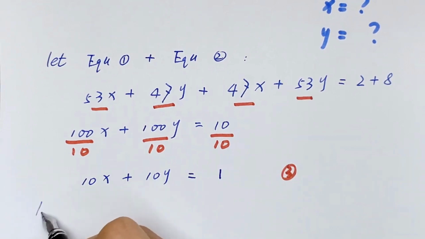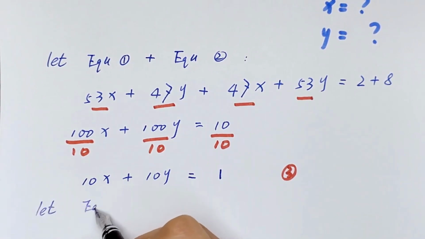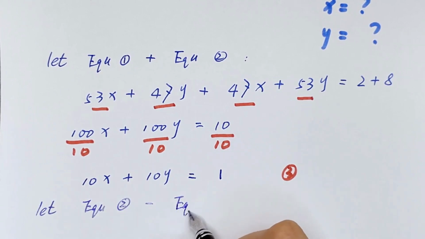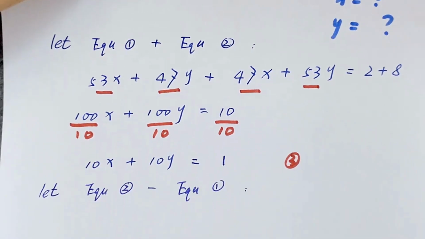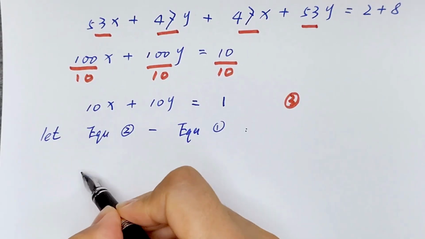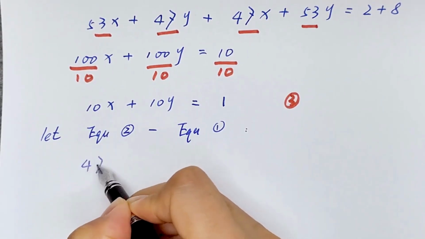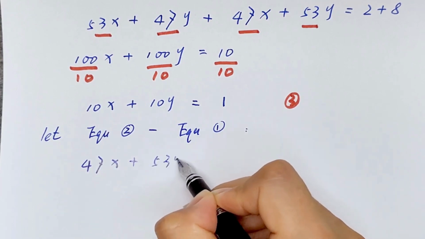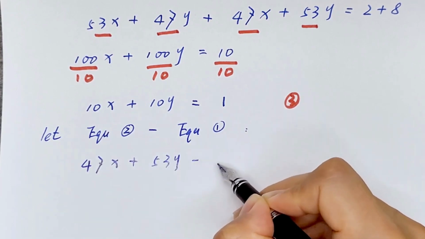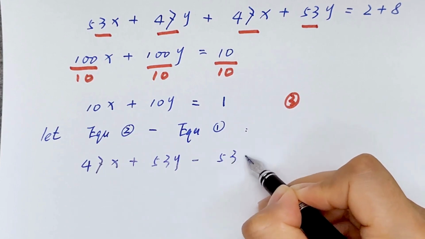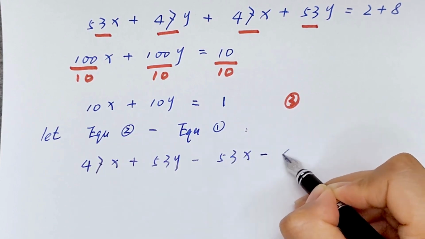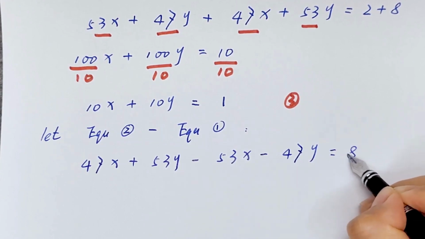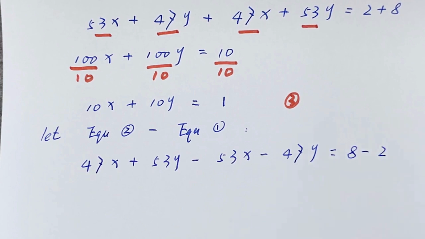Now we let equation 2 minus equation 1. 47x plus 53y minus 53x minus 47y is equal to 8 minus 2.